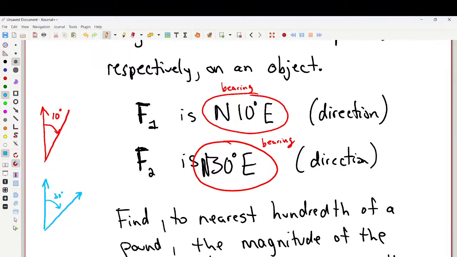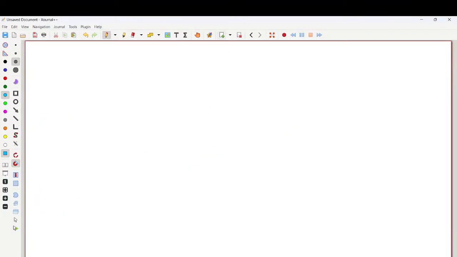That's what a bearing is. Good opportunity just for a quick side story. What would south 37 degrees west look like? Face this way, rotate this way, 37 degrees. That's all a bearing is. It tells you how to face and which way to rotate from there, either west or east.